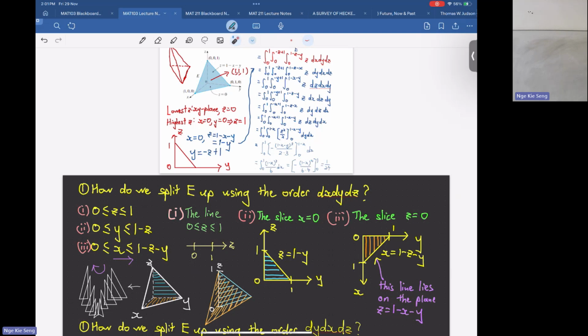In this case you cut it as a plane. In this way you cut it as a slanted line. Make sense?